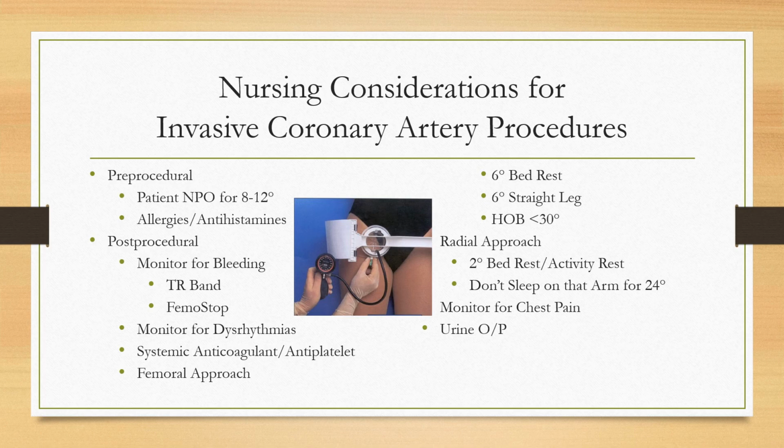Checking allergies, especially to contrast dye, seafood, iodine. We often check their serum BUN and creatinine, make sure that they're good. Some patients may receive acetylcysteine if they have renal issues to begin with, or antihistamines if they've had a rash previously with contrast dye.